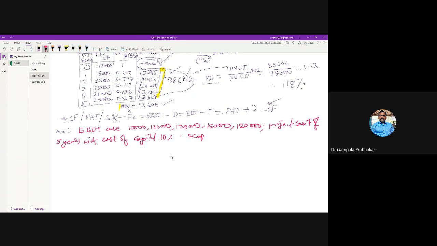The scrap value of the project is 20,000 rupees. Tax rate is 50 percentage.